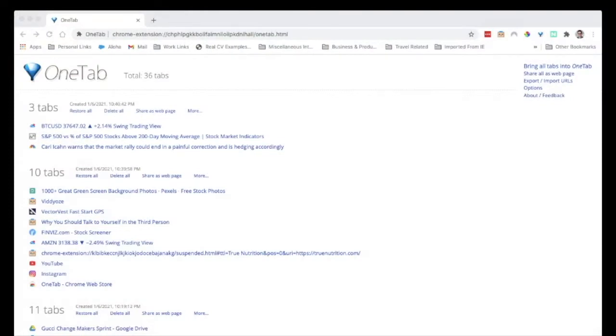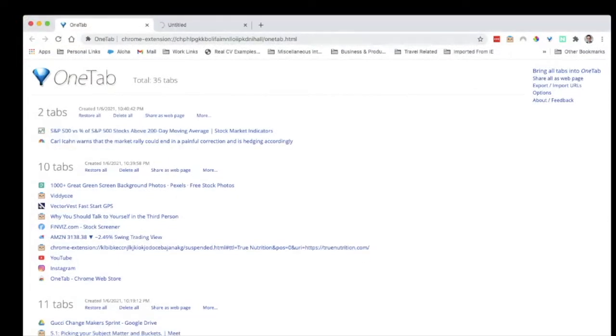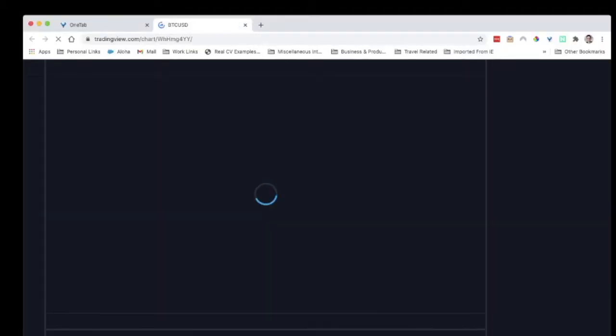If you have a look at this and I go over to my browser again, let's take Bitcoin as an example. If we restore the Bitcoin tab and have a look at what Bitcoin was doing, we can pull it up over here, and Bitcoin has been on an absolute tear. It is just going ballistic.